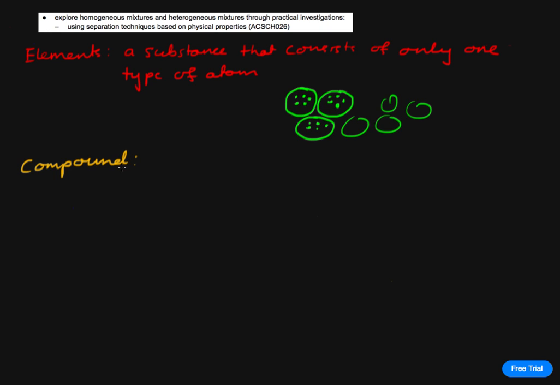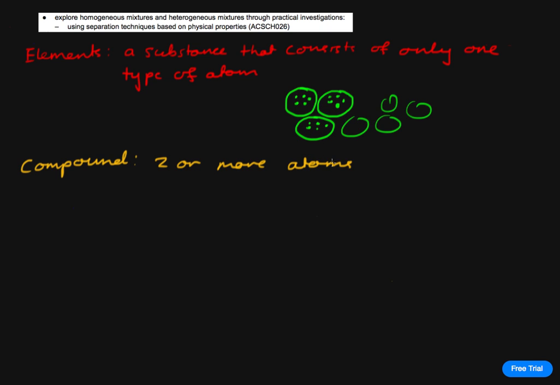So a compound, by definition, is 2 or more different atoms that are chemically bonded together. So we'll say 2 or more atoms. Now remember, we just said what defines an atom from being different to another atom is basically how many protons it has.